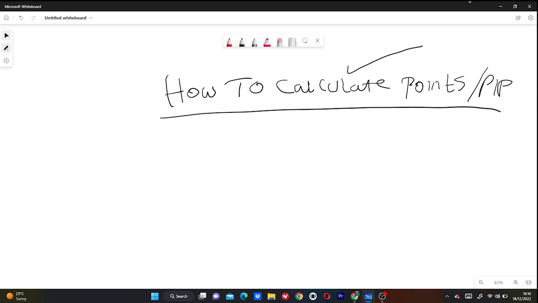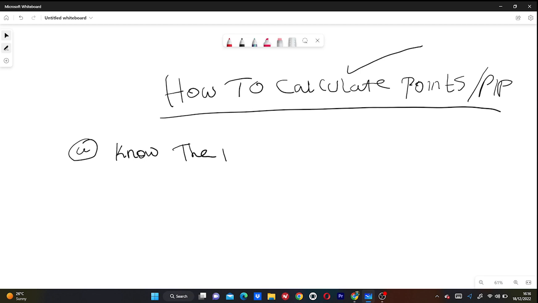A pip or point is the slightest movement of the currency when it is moving. For example, most of the time you see the currency, the last digit is not counted. When you want to trade, first of all, note this. Number one, when you want to trade any pair, make sure you know the pair well.